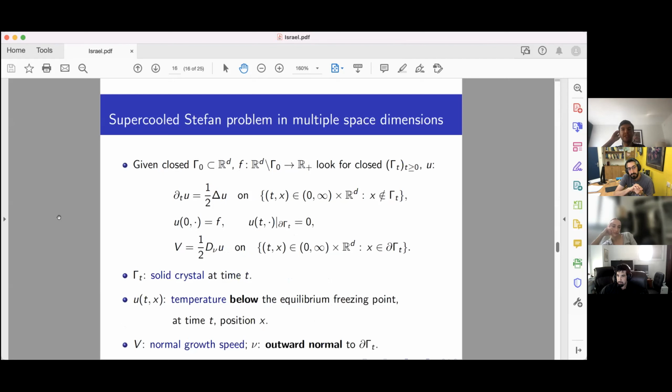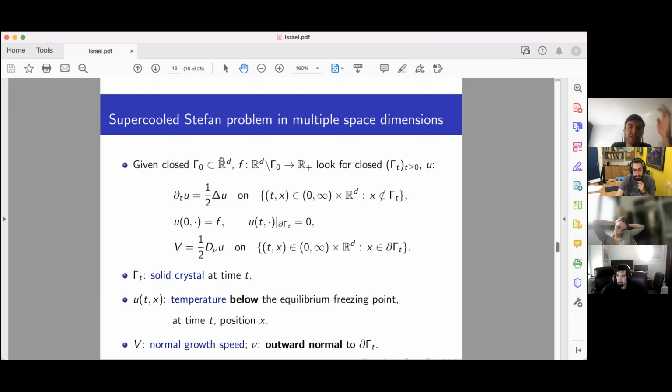All right, so in the last 10 minutes or so, I want to say a little bit about higher dimensions also, because this probabilistic reformulation does work in higher dimensions as well. I'll tell you about two problems in higher dimensions very briefly. One is the exact analog of the one-dimensional supercooled Stefan problem that I started from.